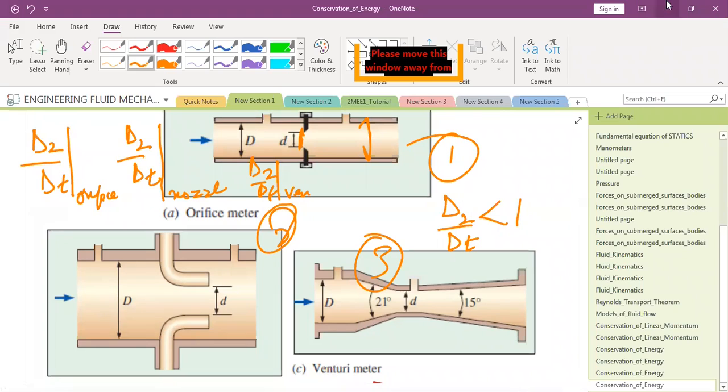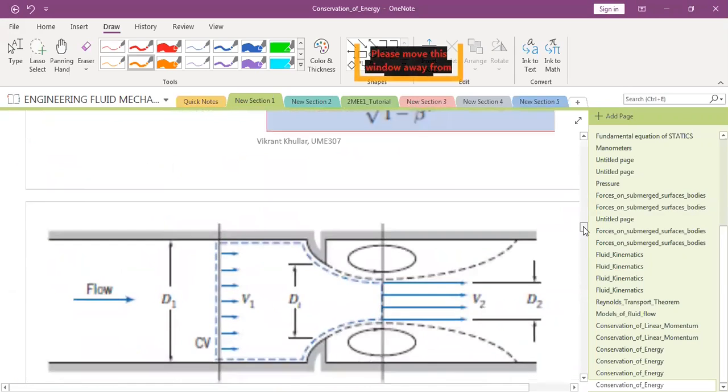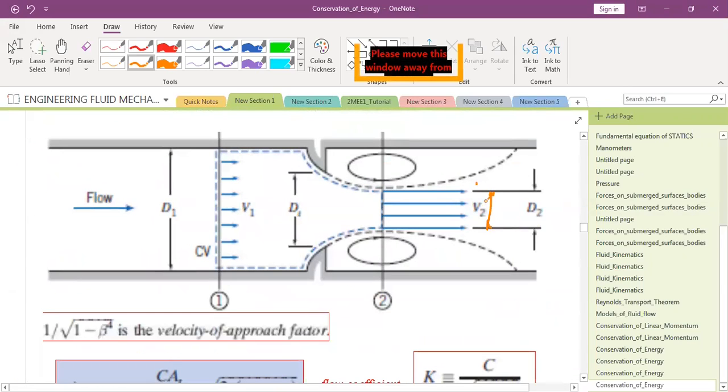Sir, greater than 1. Why are you saying greater than 1? This d2 is smaller, isn't it? Look carefully, this d2 is smaller than dt. So d2 upon dt is less than 1.